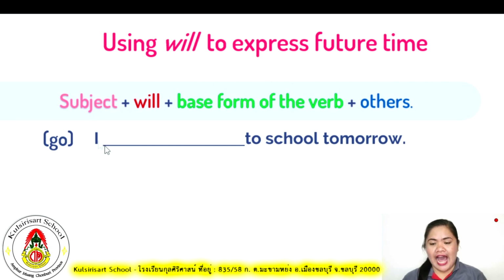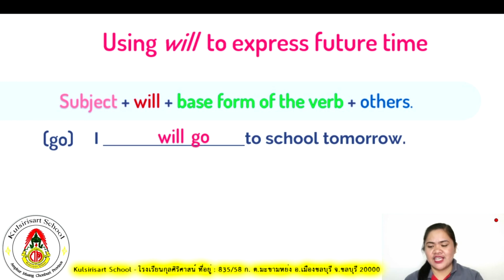Already given, I. Now we are going to write will. And now we have our verb. What is the base form of the verb go? Very good. That is go. Remember, class, that I is singular, but it is an exception in the subject-verb agreement because when we talk about I, we should use the base form of the verb.